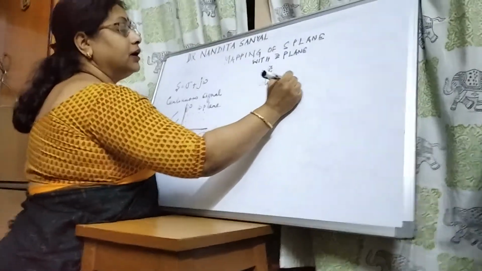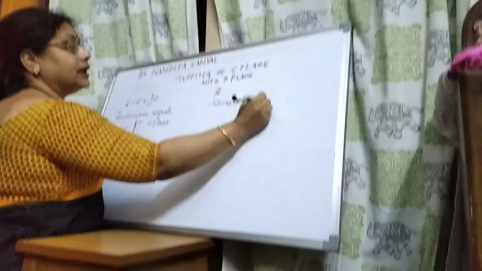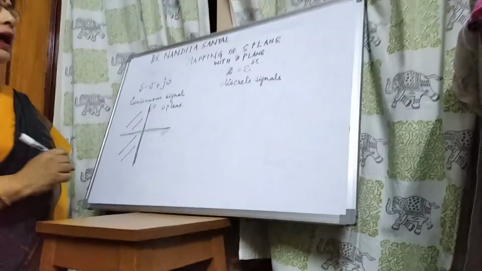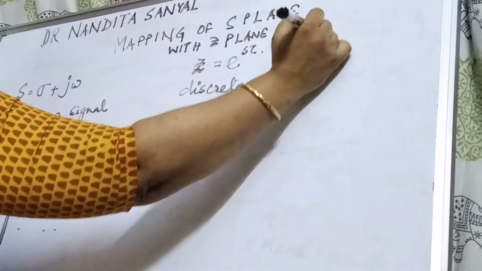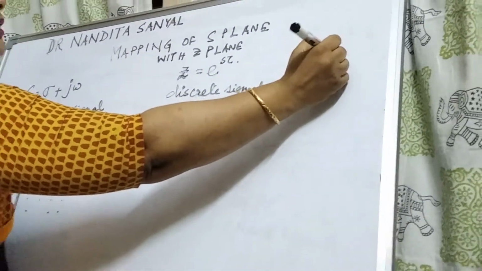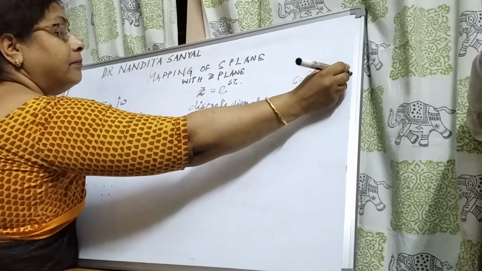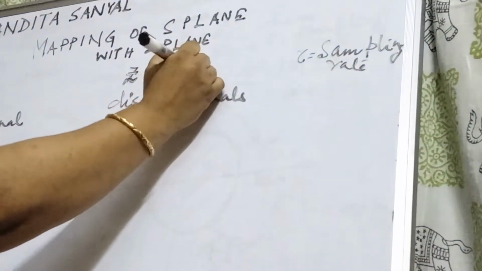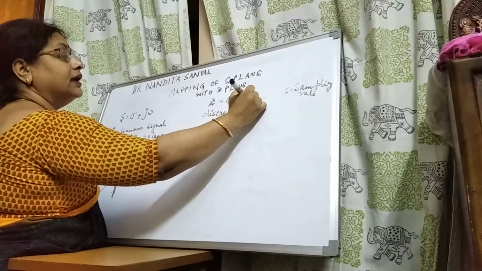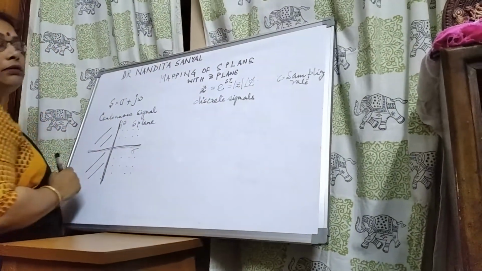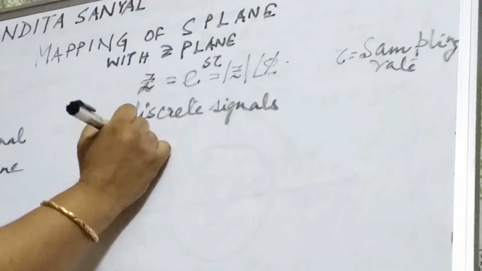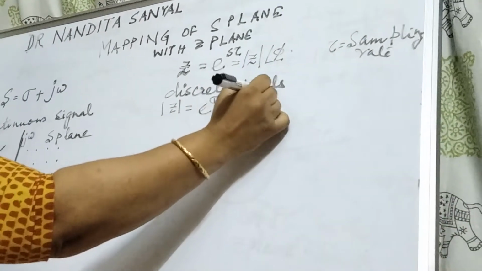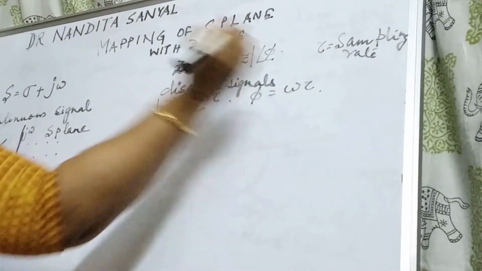Z is given by e to the power s tau, where tau is the sampling rate. In polar form, Z is equal to mod Z angle phi, where mod Z is equal to e to the power of sigma tau and phi is equal to omega tau.